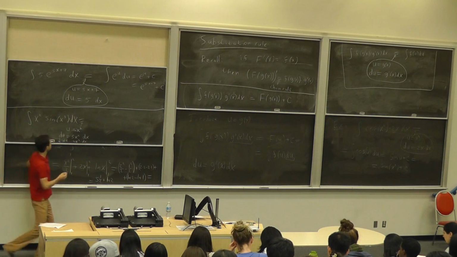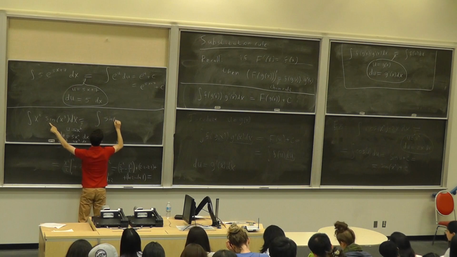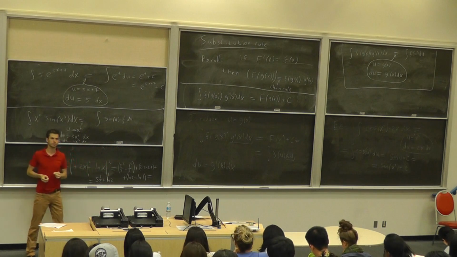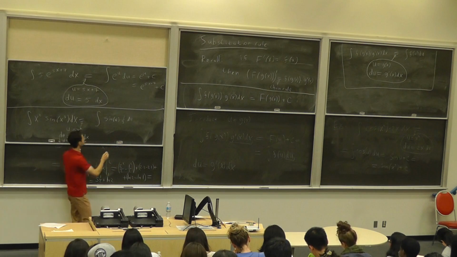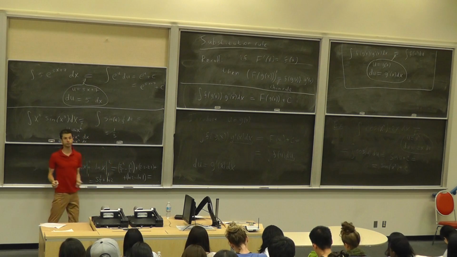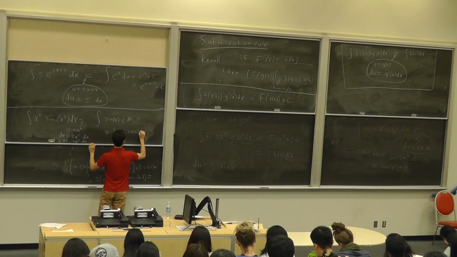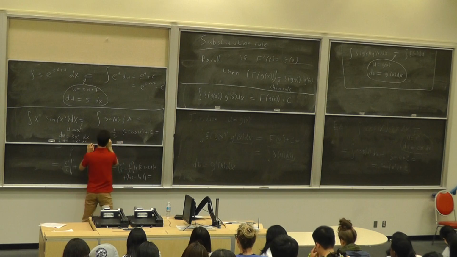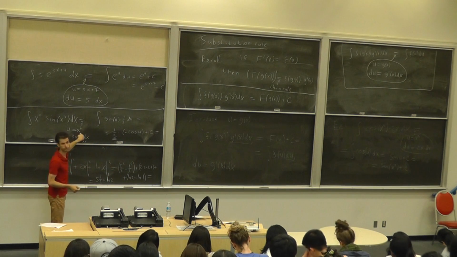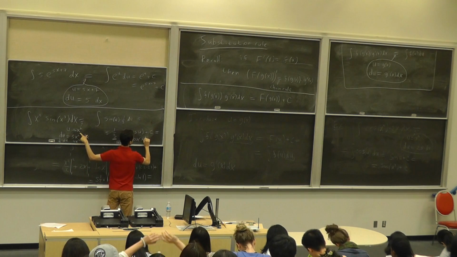And now I can rewrite this whole integral as the integral of sine of u times 1/3 du. This 1/3 goes out of the integral, so it's 1/3 times the integral of sine, which is negative cosine. And last step, plug in u equals x cubed. So it's minus 1/3 cosine of x cubed plus a constant.